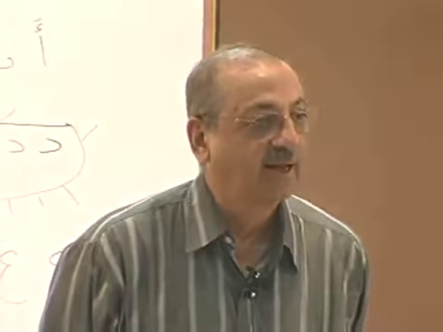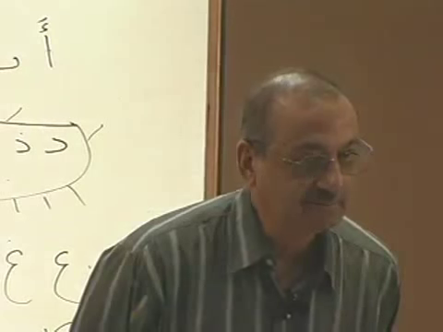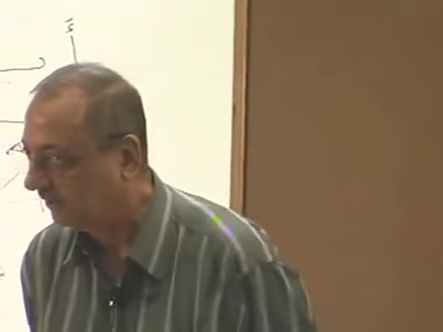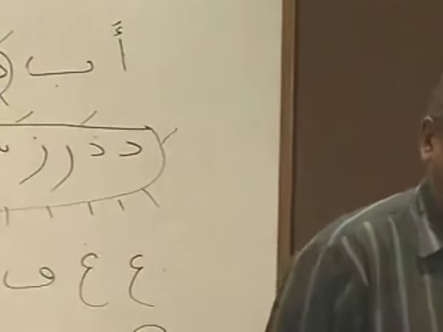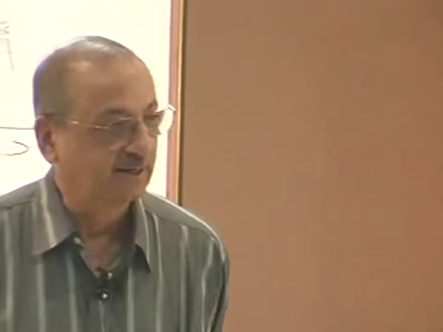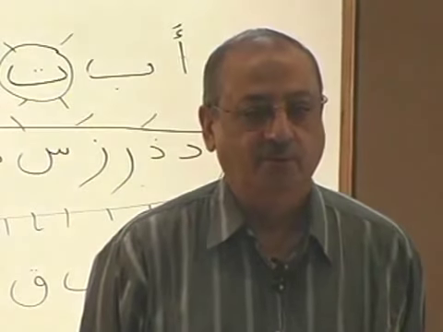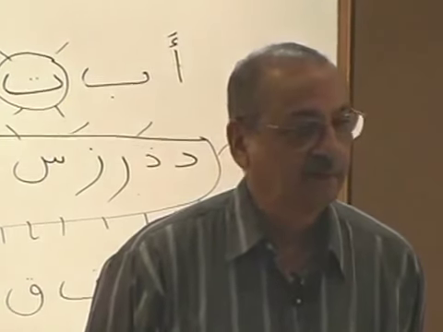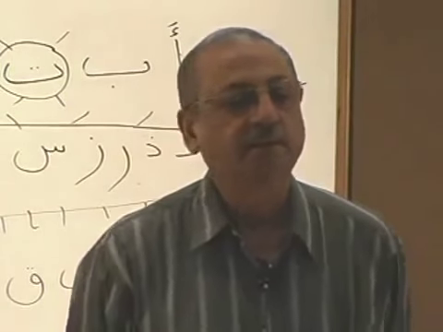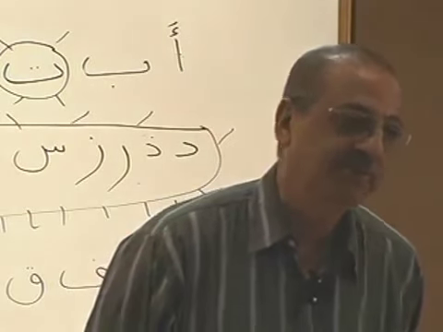One is called Hamzatul Wasal, Hamza of assimilation. And the other one is called Hamzatul Qata. Okay? Now in the Quran which are printed in India, Pakistan, they do not differentiate between these two, brother.